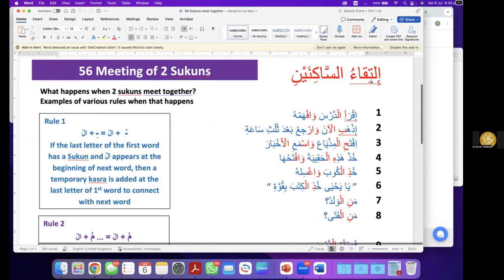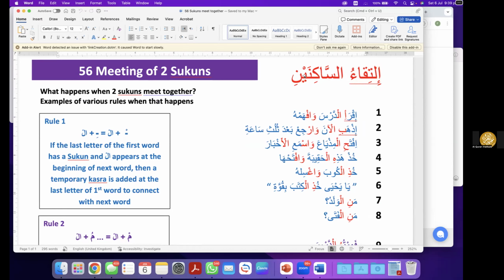And it is called iltiqa'us sakinain. Iltiqa'u, meeting, from likai, iltiqai. Iltiqa'us sakinain. Two sukun, meeting of two sukun.